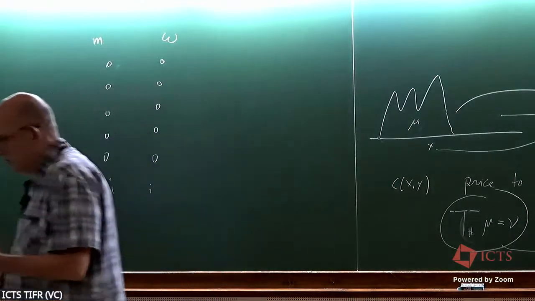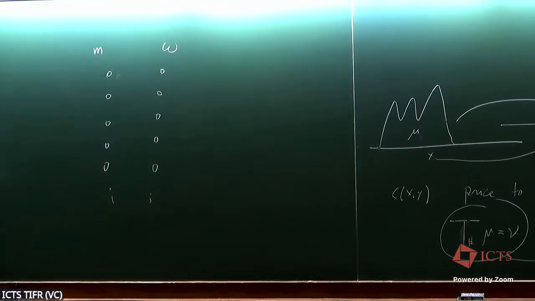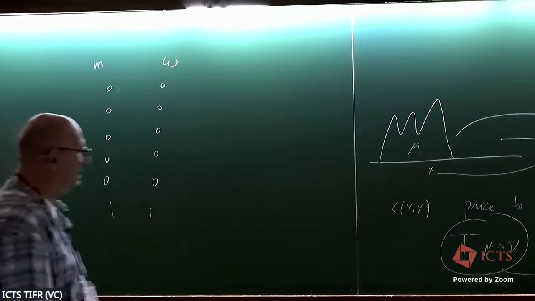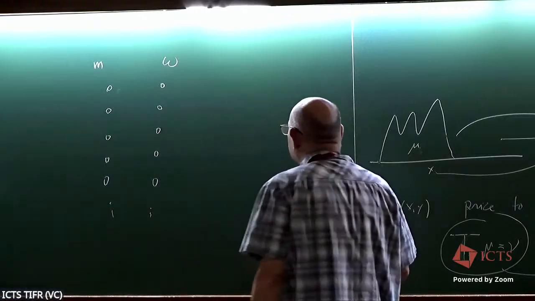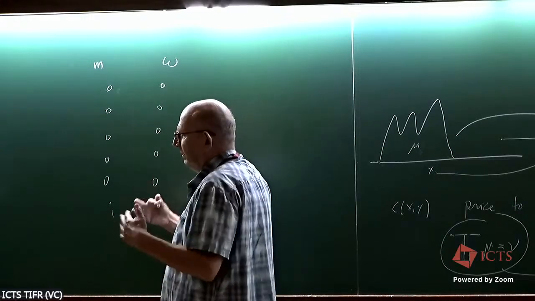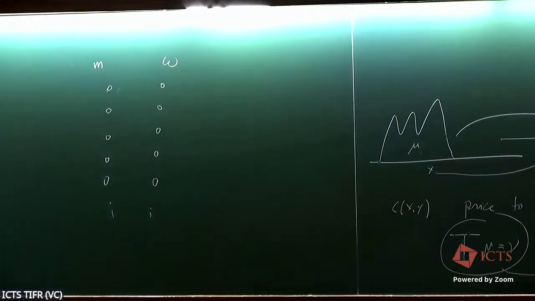So each one of the men and women has a preference over all the others. Eventually each man and each woman find a match together, and they are married and become a married couple.